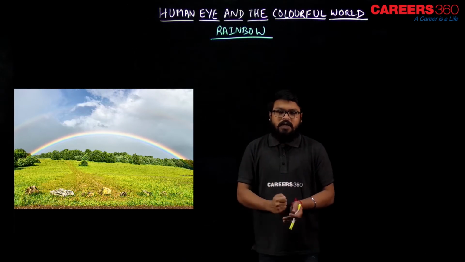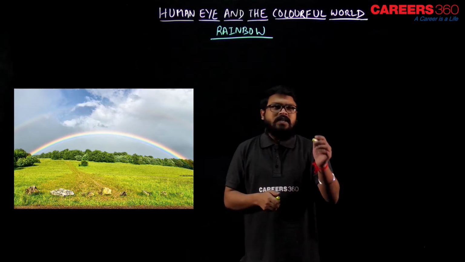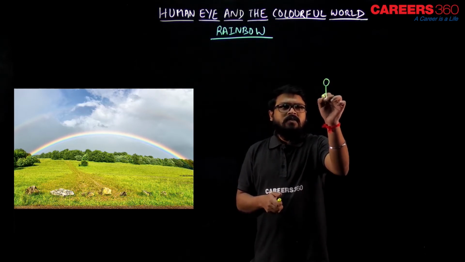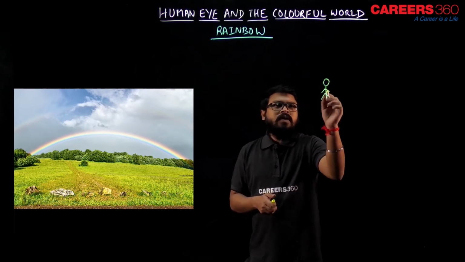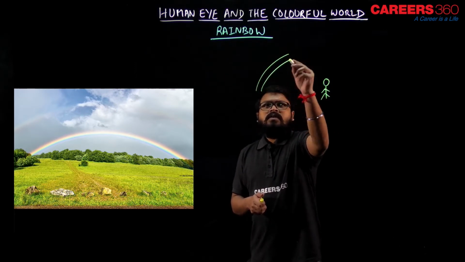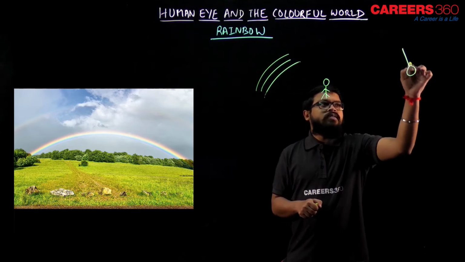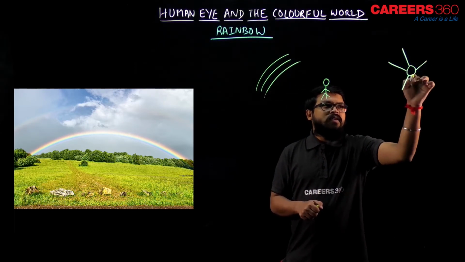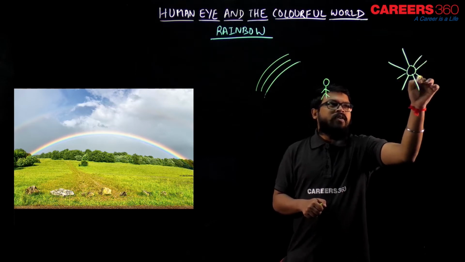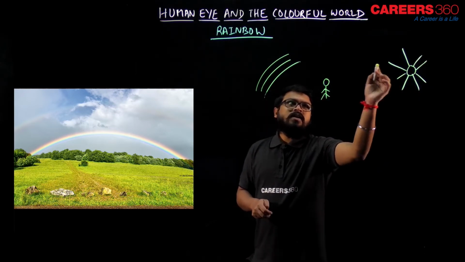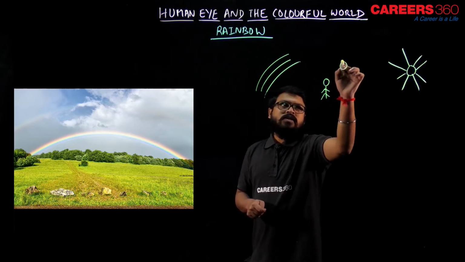Let me tell you one important thing over here: if this is the observer, and he sees the rainbow on this side, then the sun must be on his back side. Do you know why? Suppose this is the water droplet.